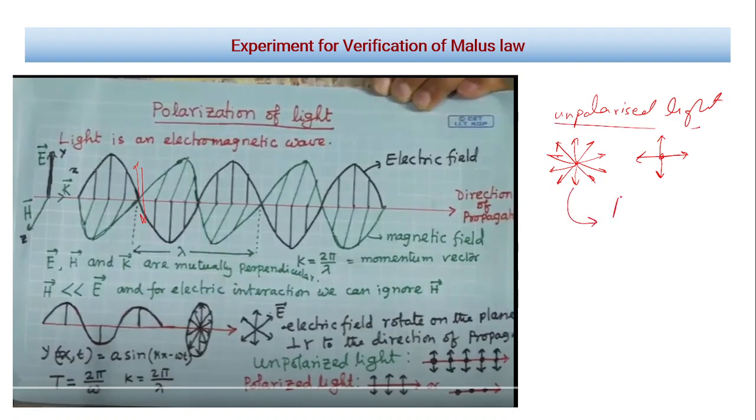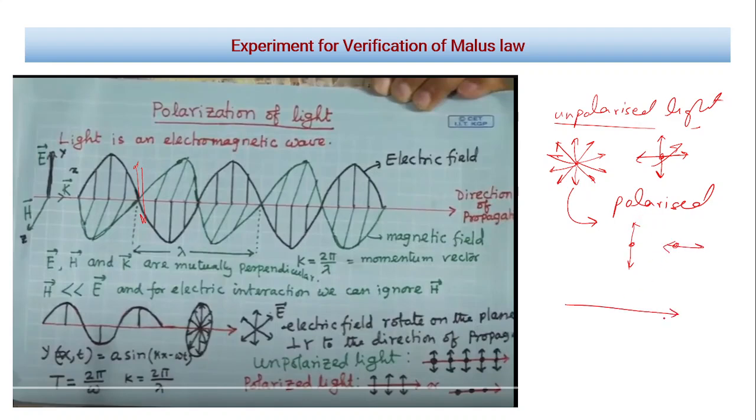Whereas we call it polarized when, due to some reason that we'll see, there is something we can do to this unpolarized light, after which, if the direction of light is in the screen, the electric field vector starts varying in only one direction, just this or just this.